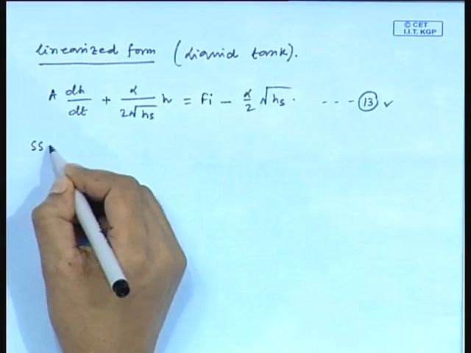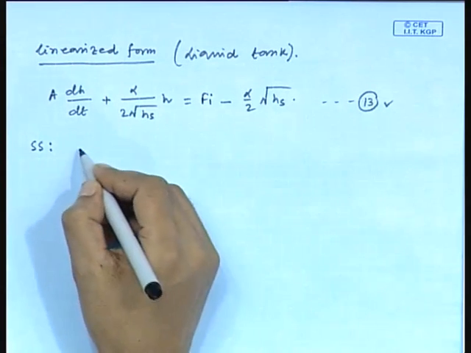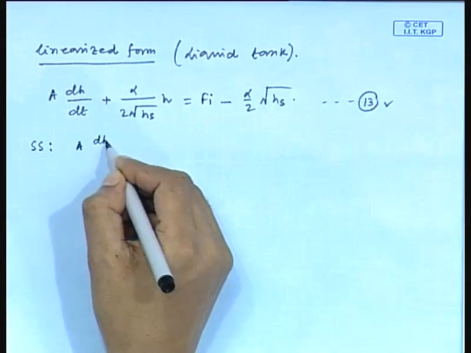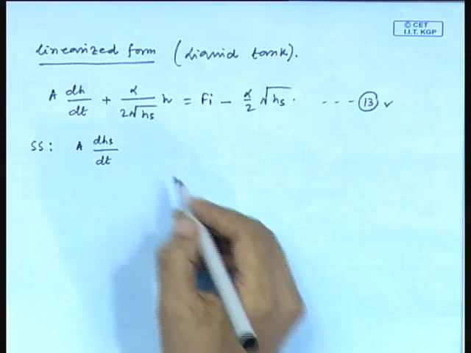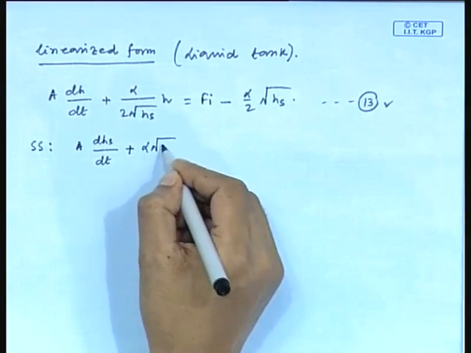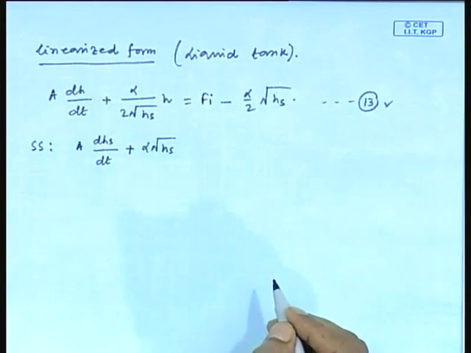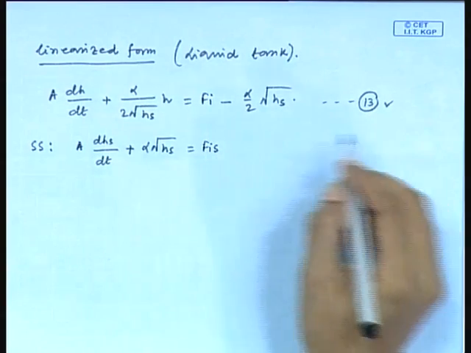At steady state, this equation 13 yields A dhs dt plus alpha root hs equal to F_is.